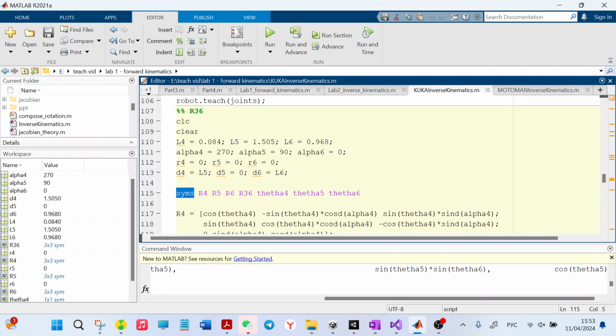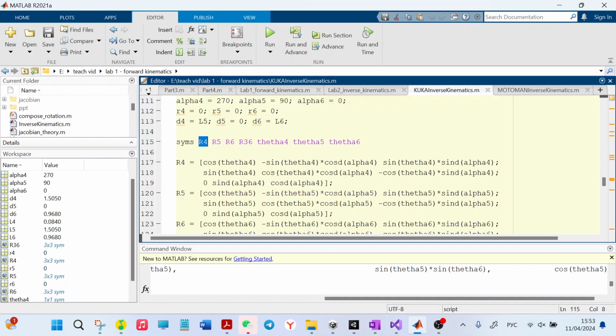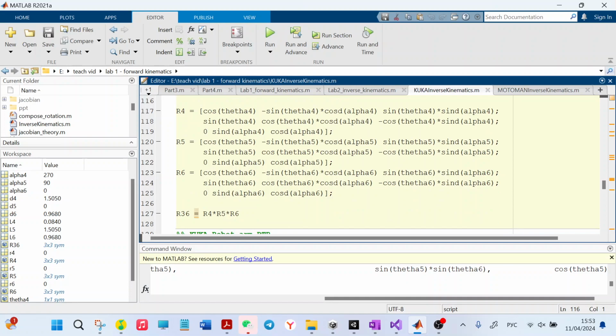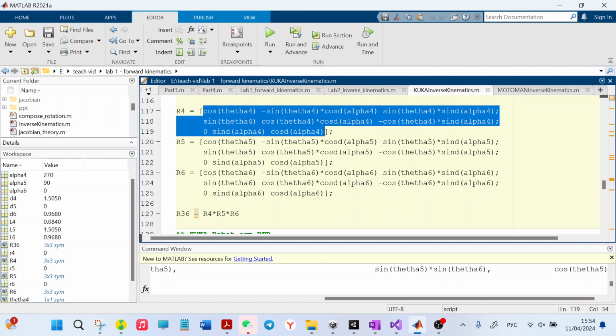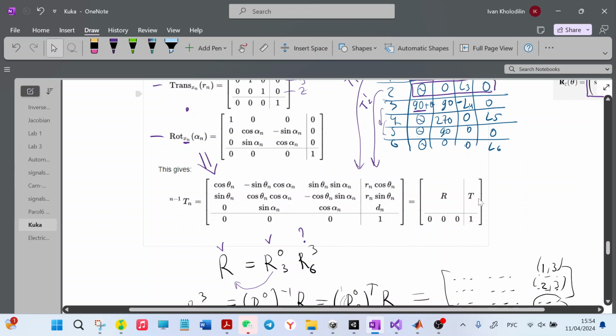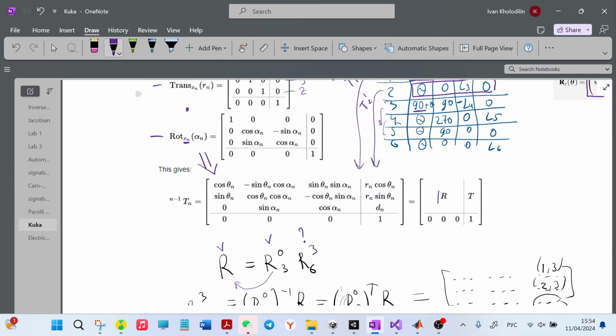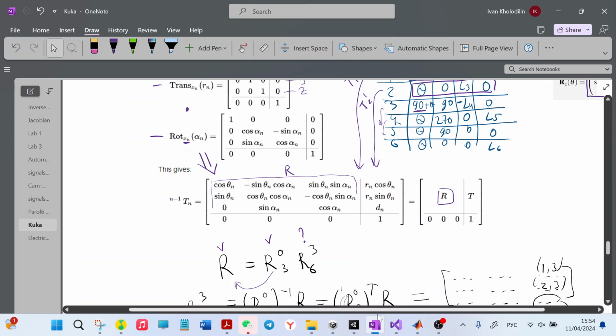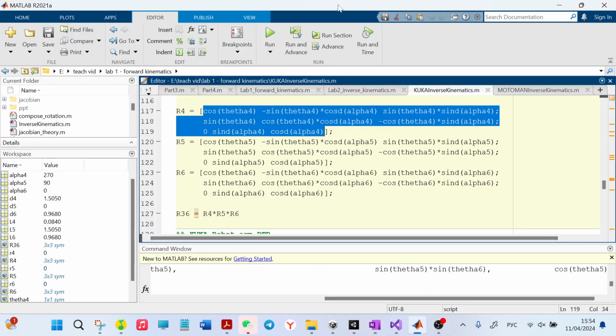I just mentioned here that we want to calculate this, all of this, 4, 5, 6, and this theta in symbolic form. Again here I used the same formula which we specified here. I just used the rotation matrix. Here I was also interested in rotation, so I used this part.